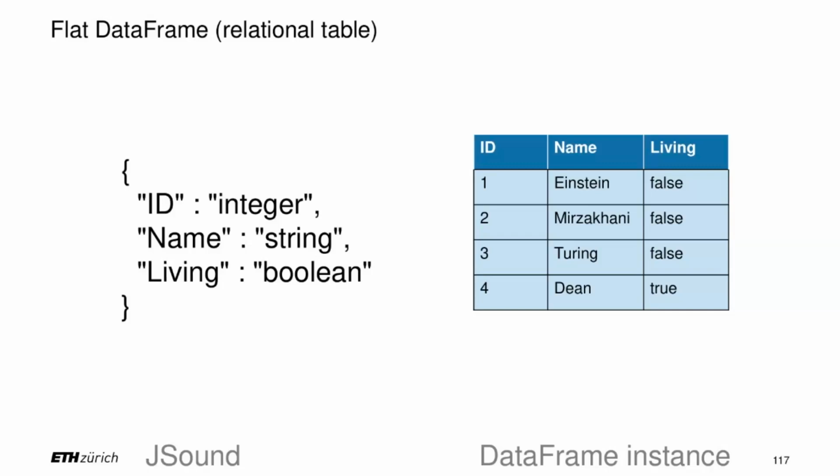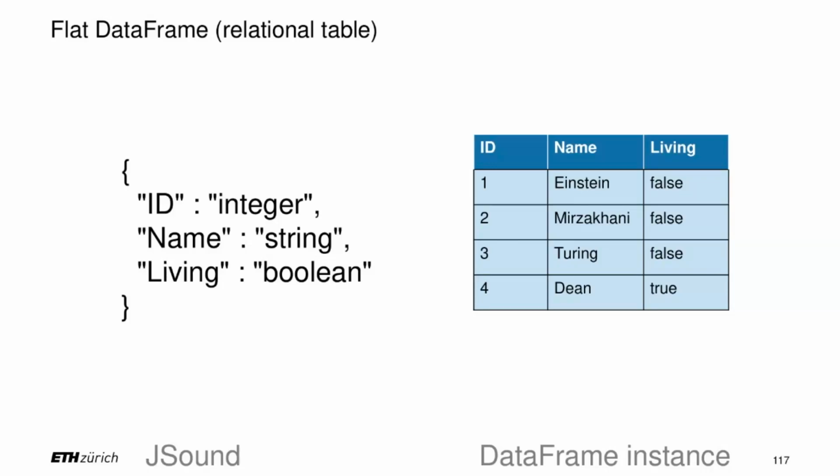So on the left, you have something that you're already familiar with from last week. That's a JSON schema. It basically specifies a constraint on an object: it says that a key that has the name ID should be associated with an integer. If there is a key called name, it should be associated with a string. And if there is a key called living, it should be associated with a Boolean, right? You remember that they are optional, right?